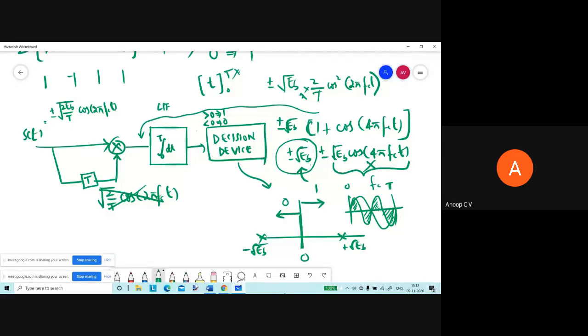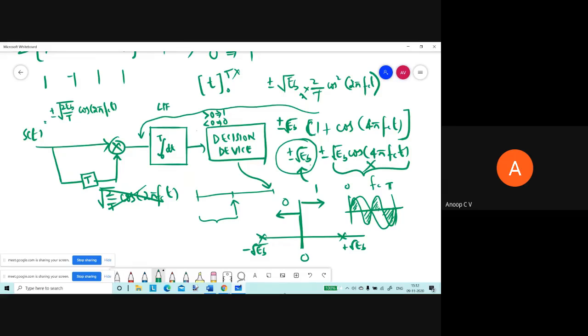So the S of t for 1 bit duration will be multiplied with S of t of the previous bit duration. In this case, we don't have to assume any initial value. Why? Because we are receiving some continuous signal, and we have some mechanism for time synchronization, and it will tell us which is the bit boundary or a symbol boundary.